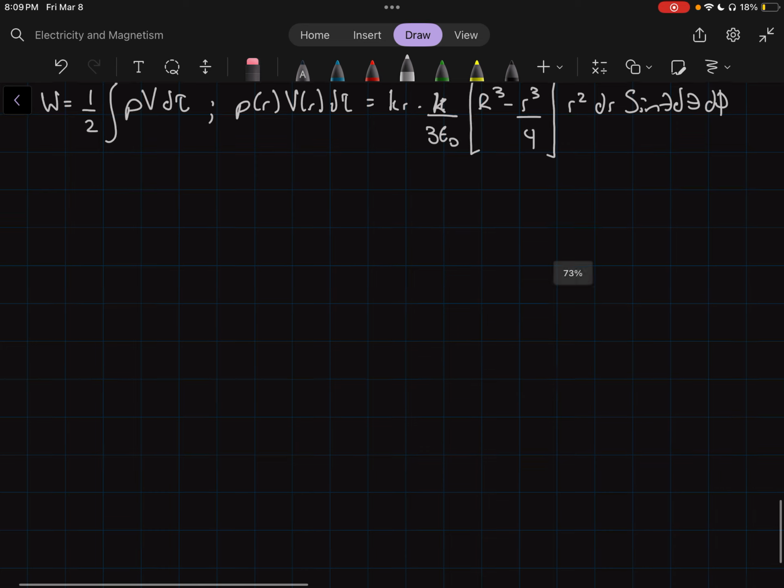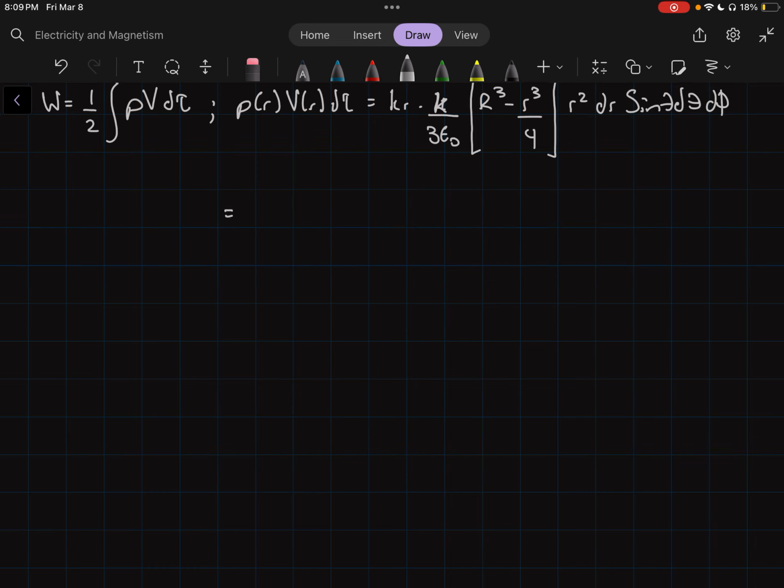So this actually ends up simplifying to k squared over 3 epsilon naught times big R cubed little r cubed minus little r to the 6th over 4. And again, we're going to say dr sine theta d theta d phi.